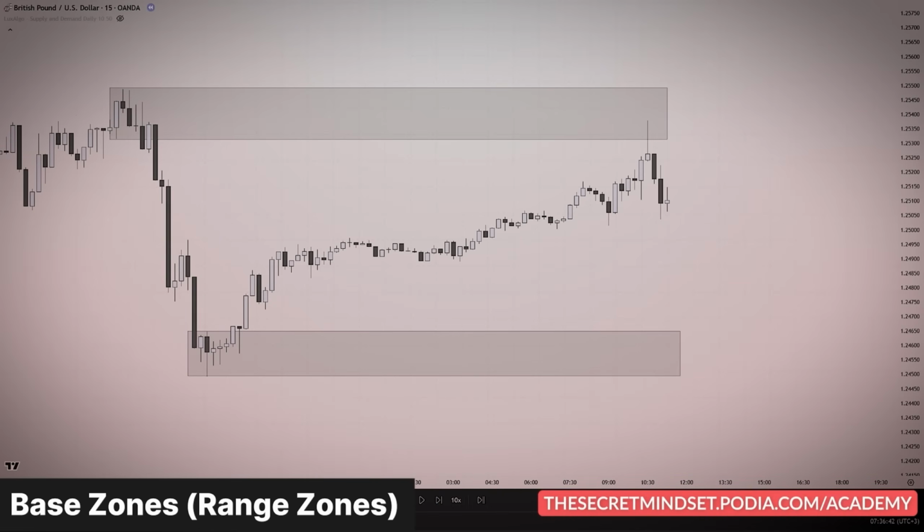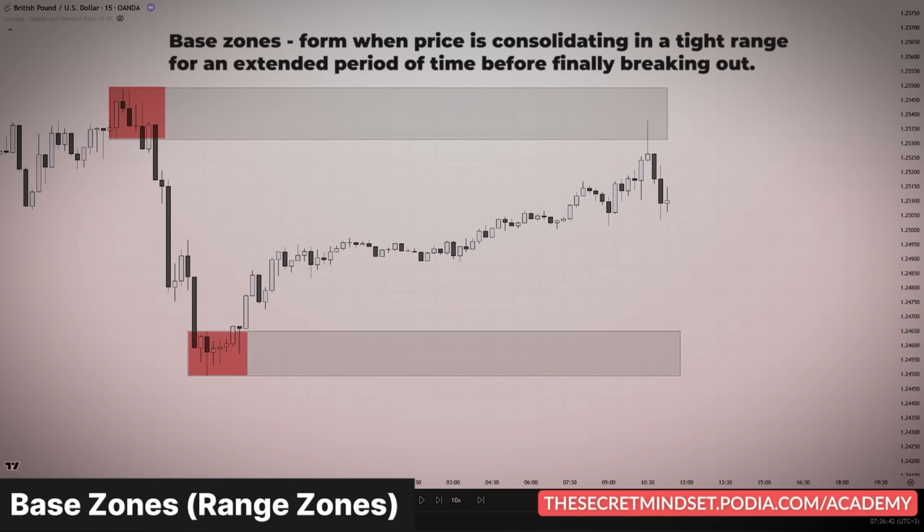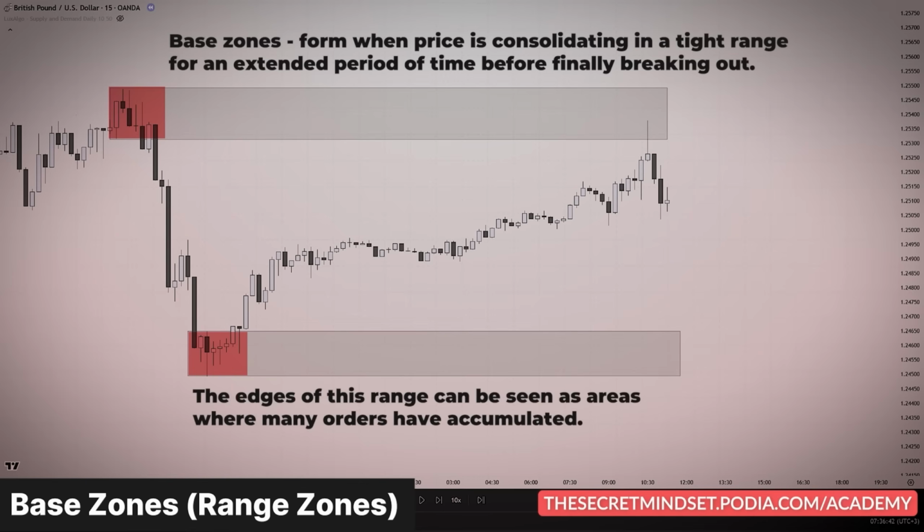Now, there are a few different types of zones to look out for. First ones are base zones or range zones. These form when price is consolidating in a tight range for an extended period of time before finally breaking out. You can think of the edges of that range as areas of supply and demand, where a lot of orders have built up.